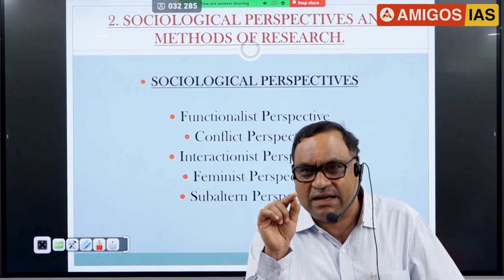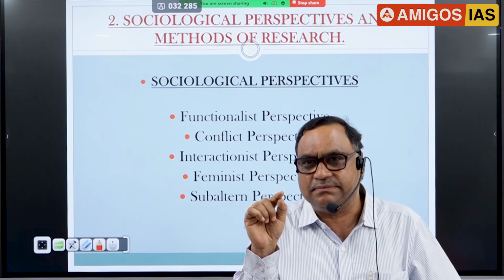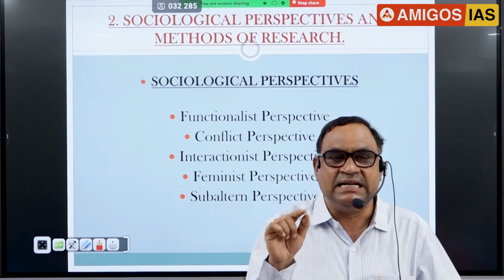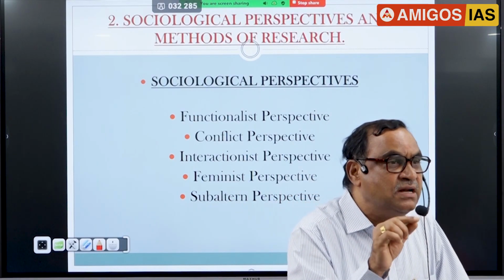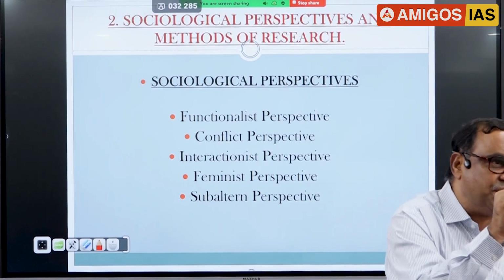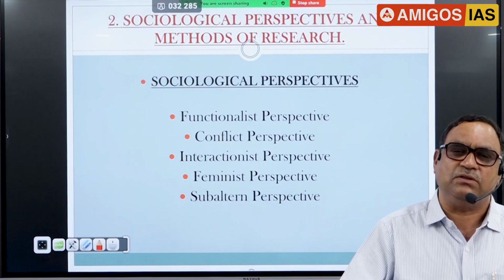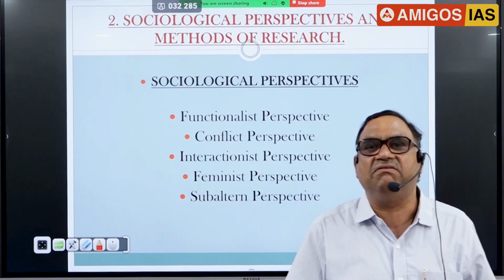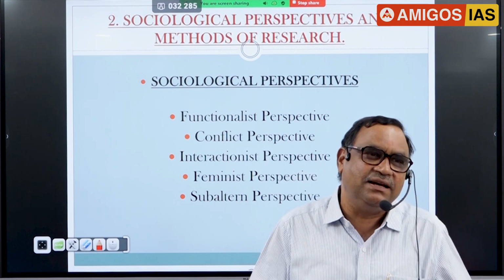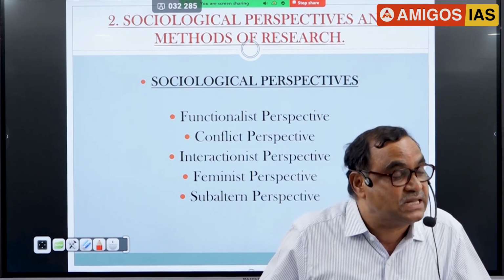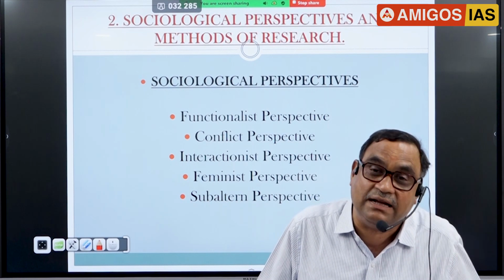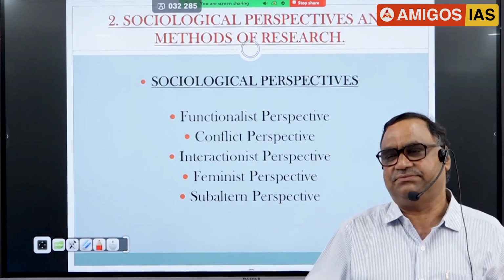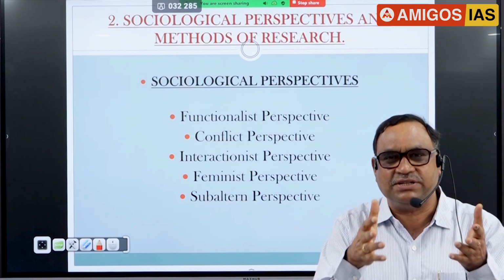Stability and order can be maintained in any given society through social integration, for which religion is essential. In fact, Emile Durkheim was an agnostic. Agnostic means non-believer of God. But still, he recommends that every society needs either a religion or a religion-like system. This is one view of looking at religion.